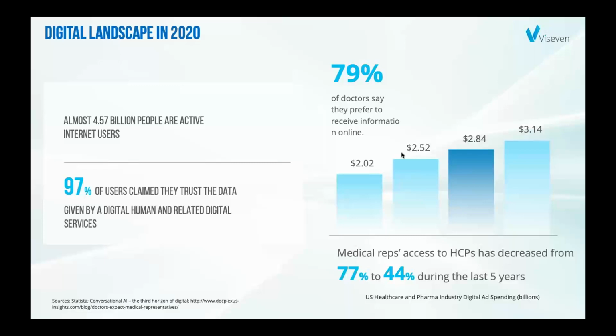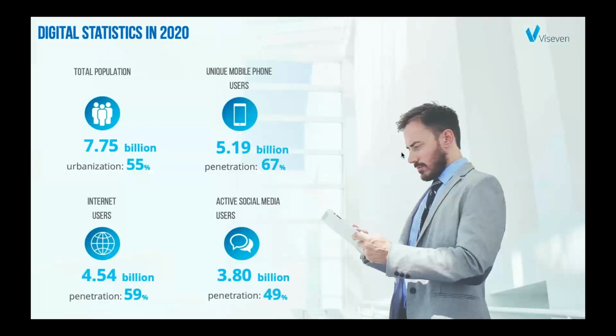Which is even more surprising is that 97% of the internet users really trust the information that is coming from the AI. So this is the digital human, as we can name it. And that all means that there is less and less time in the air that is left for the medical representative.